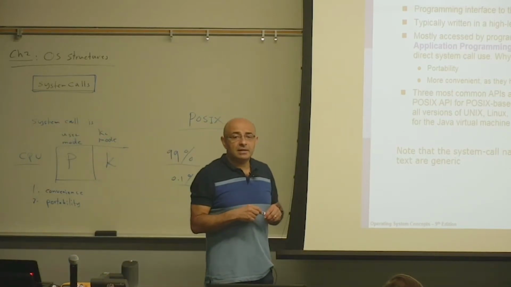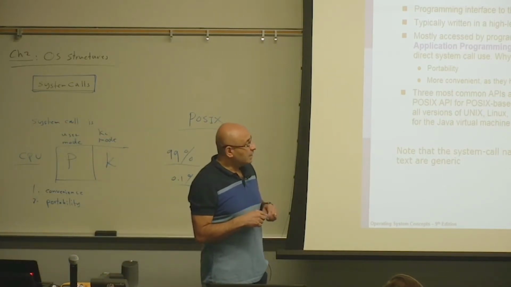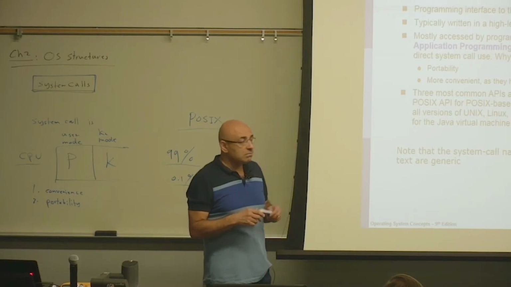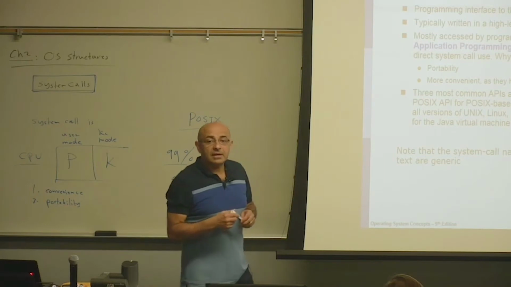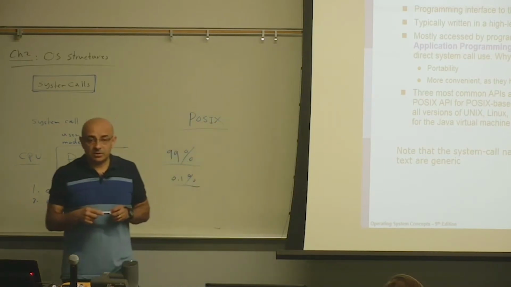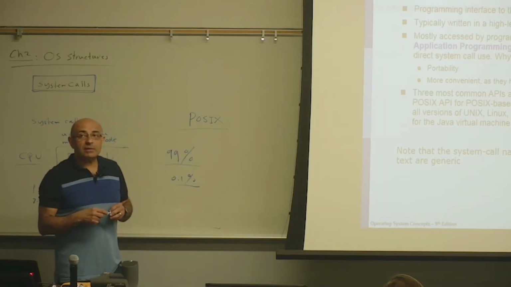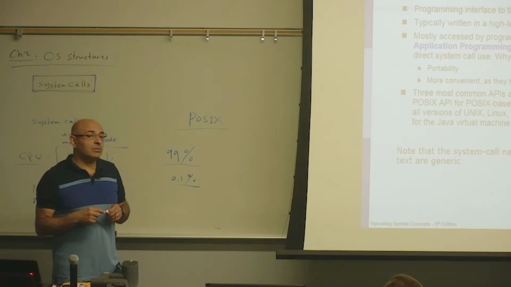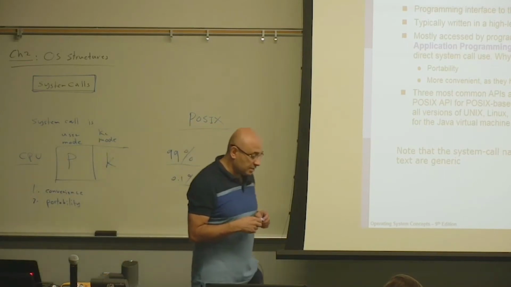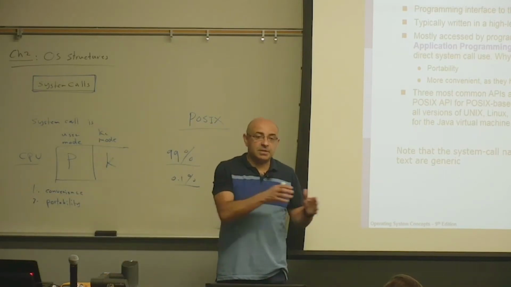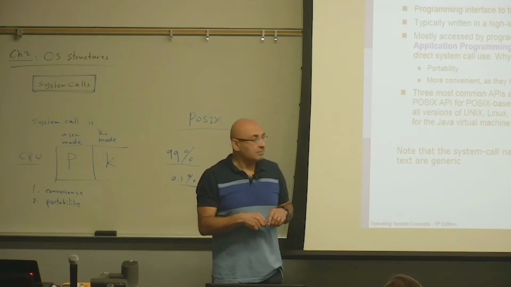Anything that involves I/O or file access is implemented using system calls. Anything that we know cannot be done without OS intervention, we know that it must be implemented using a system call. Okay.